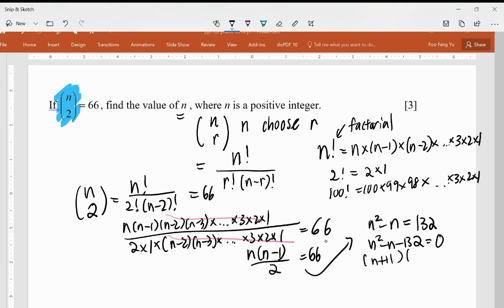After factorizing, we get n equals 12, n equals negative 11. Okay, now when we are doing binomial or factorial, it's natural that n is positive, so we will reject negative 11. So n is 12. Okay, I hope that strengthens your skill in factorial and n choose r.